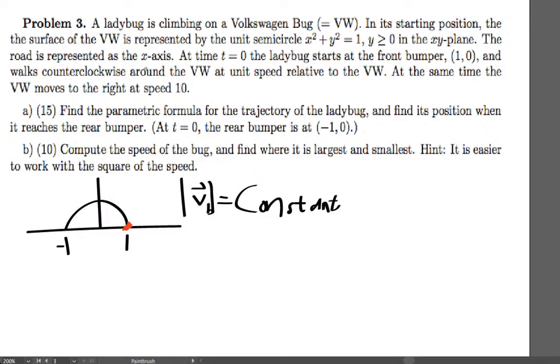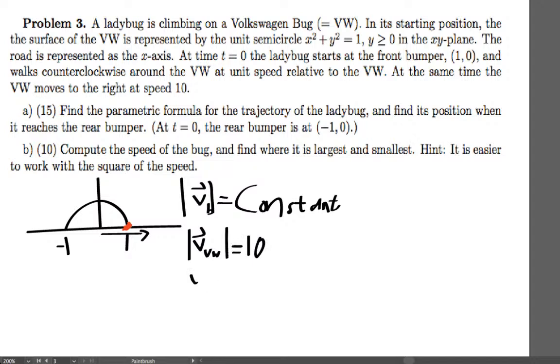Counterclockwise around the VW. At the same time, the VW moves to the right at speed 10. Actually, you could say the velocity of the Volkswagen is 10. That's the first thing.